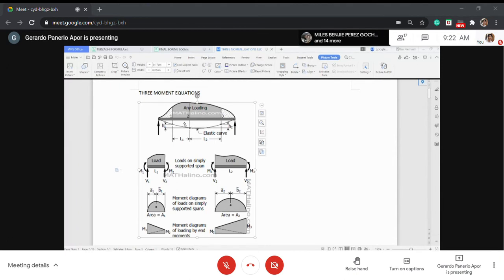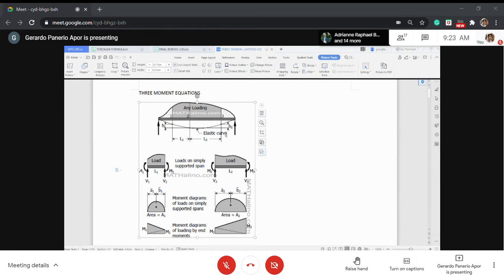The distance traveled by point two in the undeformed shape going down to the elastic curve is what we call the deflection of point two, and the other one is the deflection of point 3.